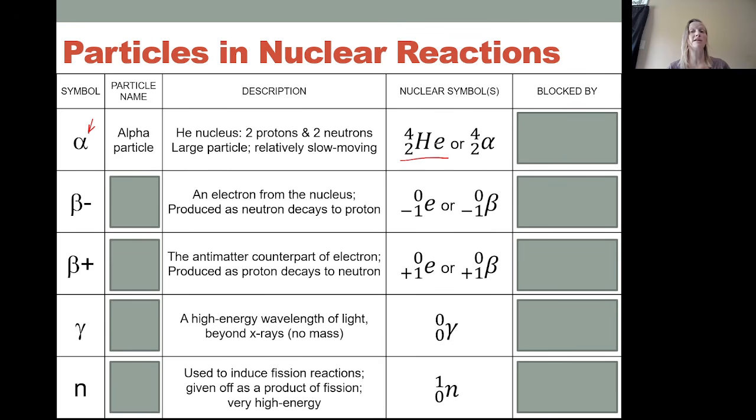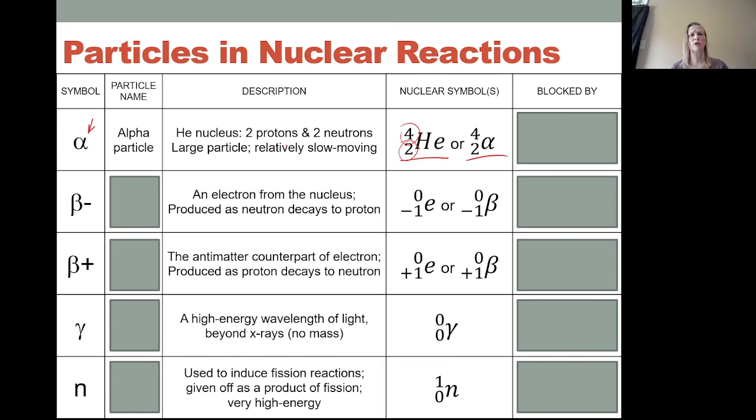Either you can write it as a helium nucleus with two protons, so there's a 2 in the bottom left corner, and the mass number is 4 because 2 protons plus 2 neutrons equals 4. Or we can write the same symbol with the Greek letter alpha with a 4 in the top left corner and a 2 in the bottom left corner instead of the helium element symbol.